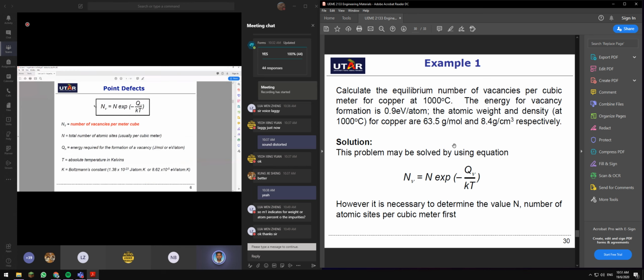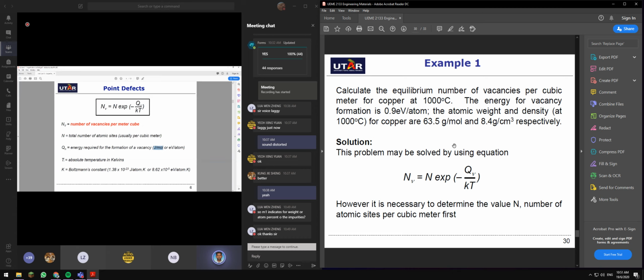Point defects: NV is the number of vacancies per meter cube. N is the total number of atom sites, usually per cubic meter, and then you need to use the exponential. QV is the energy required for the formation of a vacancy, in terms of eV per atom, not J per mole.